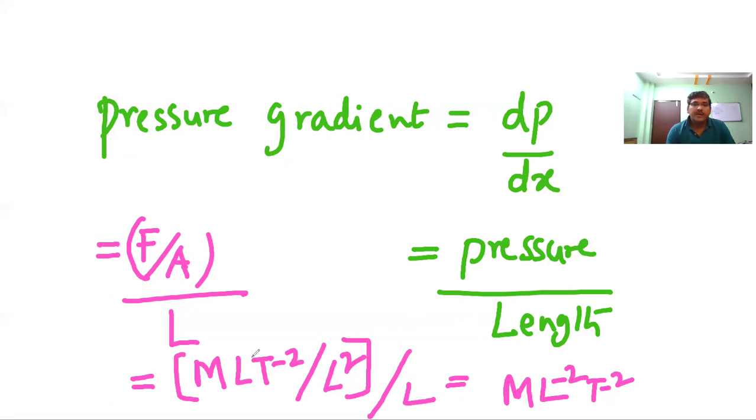So L square comes up as L to the power of -2, T to the power of -2. This is the dimensional formula.